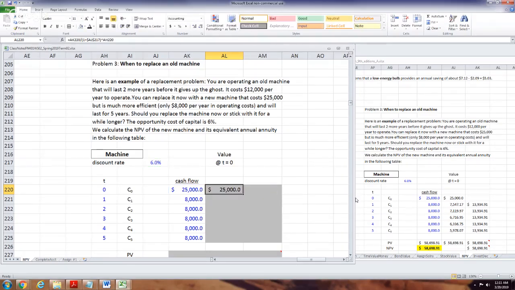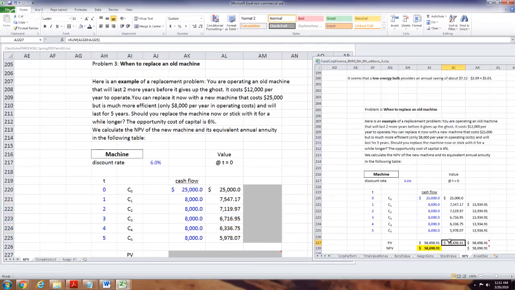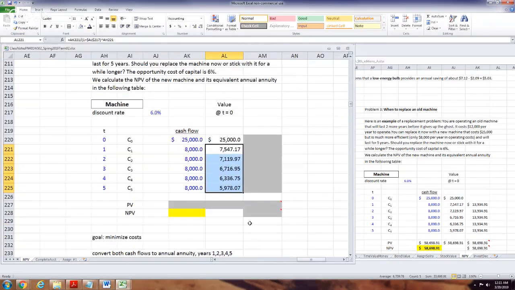There you go. Okay, so 25,000 today at 6%, to the 0, times 1, is worth 25,000. Copy this, and we'll just drop that stuff in there. Okay. We come to the bottom here.